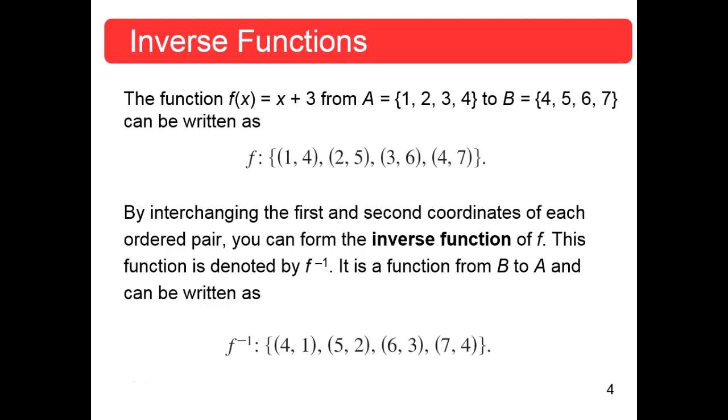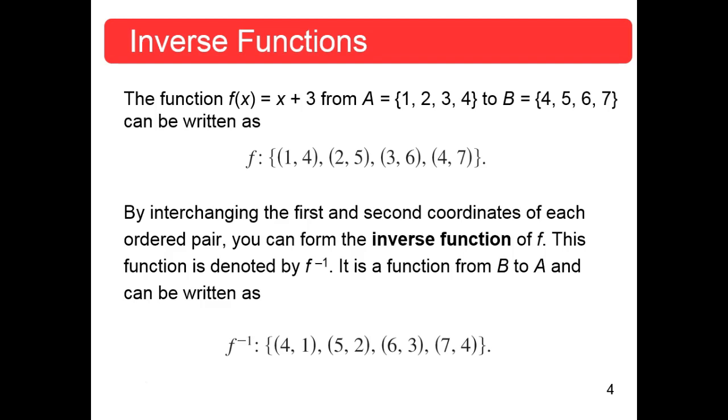So here we go, and this again is old review. Here's your function, f of x is x plus 3, that maps from this set, A: 1, 2, 3, 4. If you plug in those for x, 1 plus 3 is 4, 2 plus 3 is 5, 3 plus 3 is 6, and 4 plus 3 is 7. So you map into B, which is 4, 5, 6, 7.